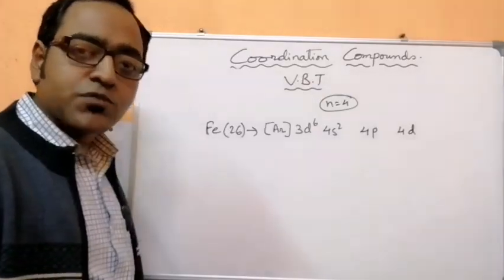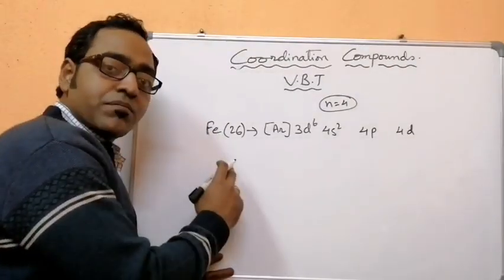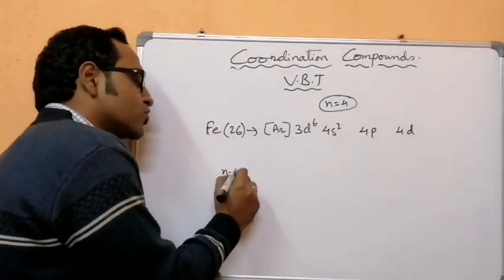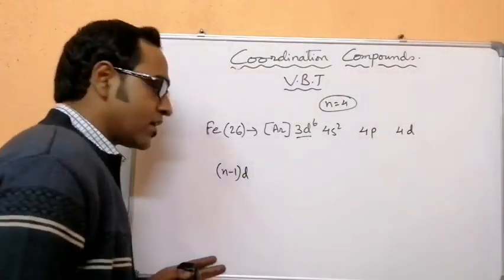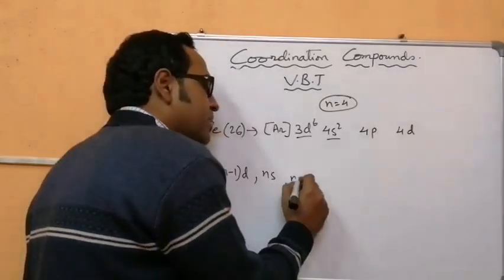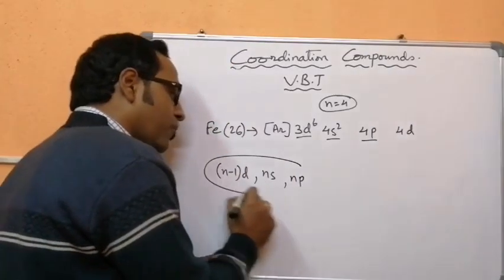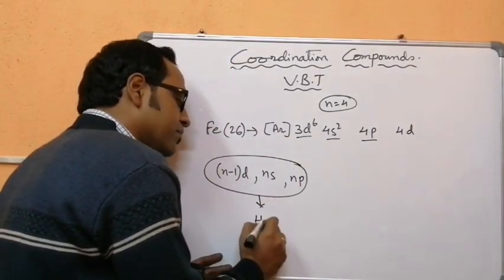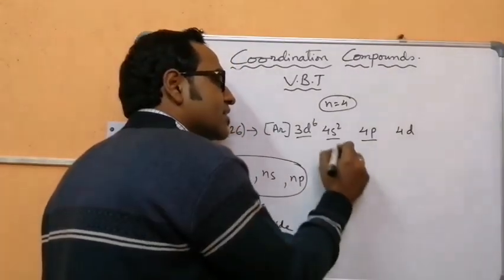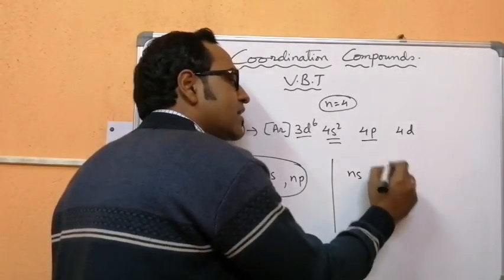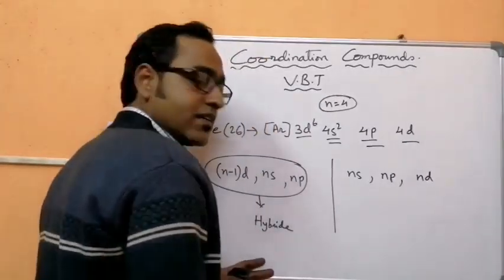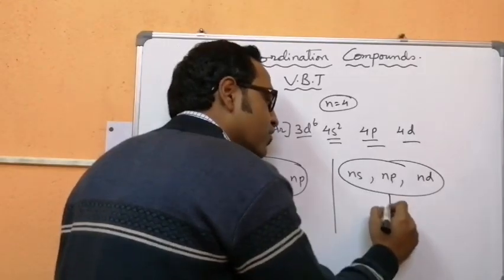According to valence bond theory, the central metal atom under the influence of ligand can utilize its (n-1)d, that is 3d, ns, that is 4s, and np, that is 4p orbital, to form a set of hybrid orbitals, or it can use ns, that is 4s, np, that is 4p, and nd, that is 4d, to form a set of hybrid orbitals.